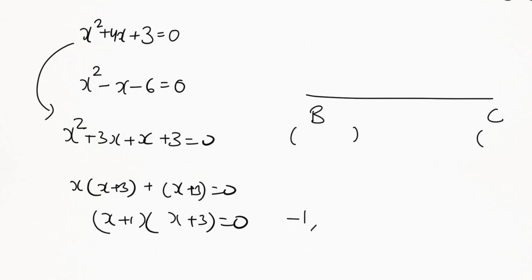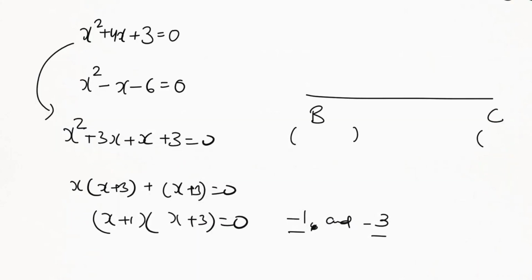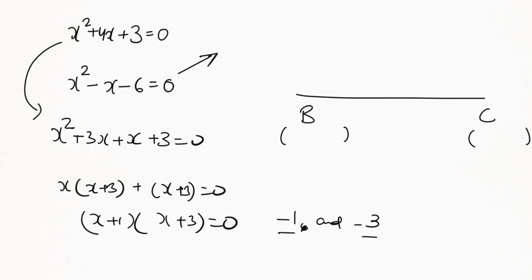Alright, negative 1 and negative 3. These are the x coordinates of B and C, and we don't know whether negative 1 belongs to B or negative 3 belongs to B. That's why one more relation is given, x square minus x minus 6.